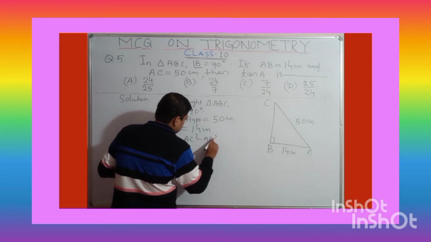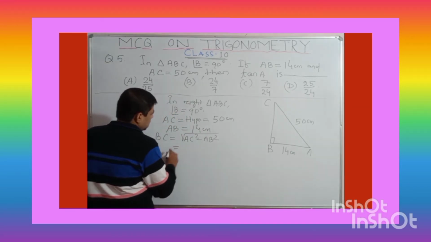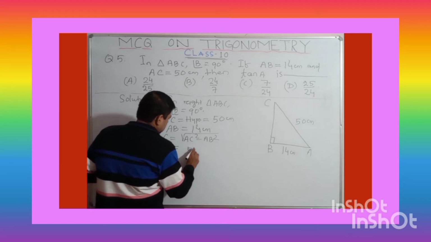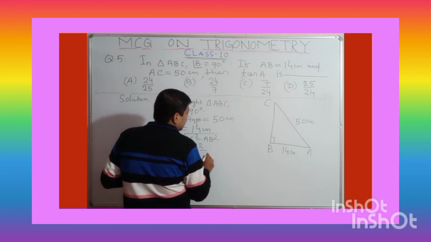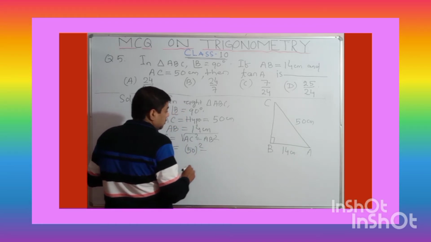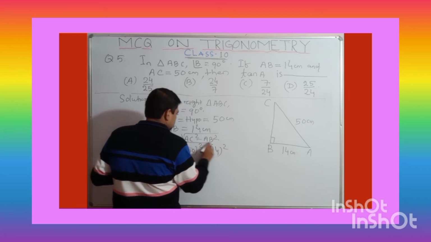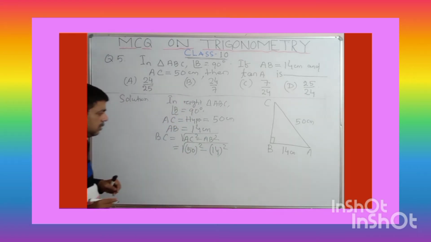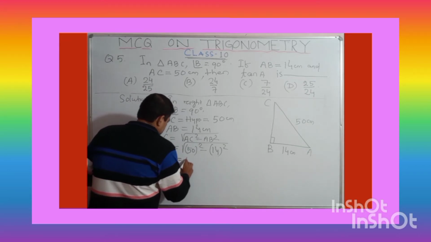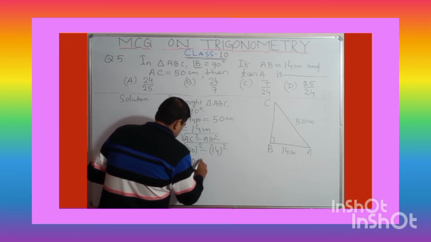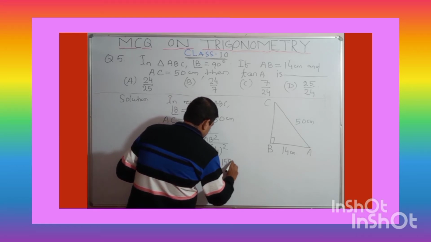AC square means 50 square, minus AB square, which is 14 square, all under the root. You can apply the identity a square minus b square equals (a plus b)(a minus b). So, 50 plus 14 whole, into 50 minus 14.